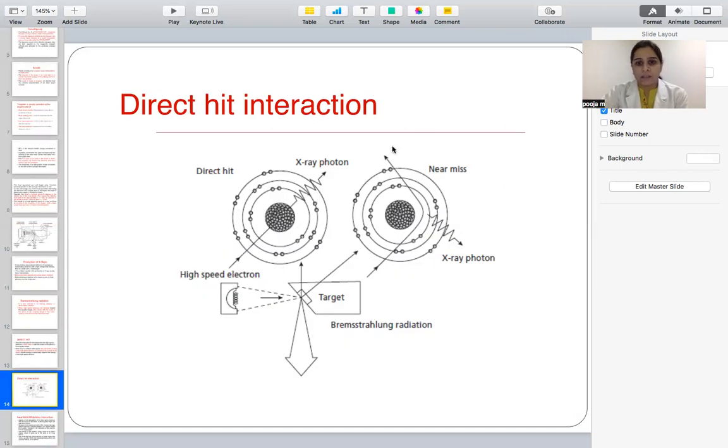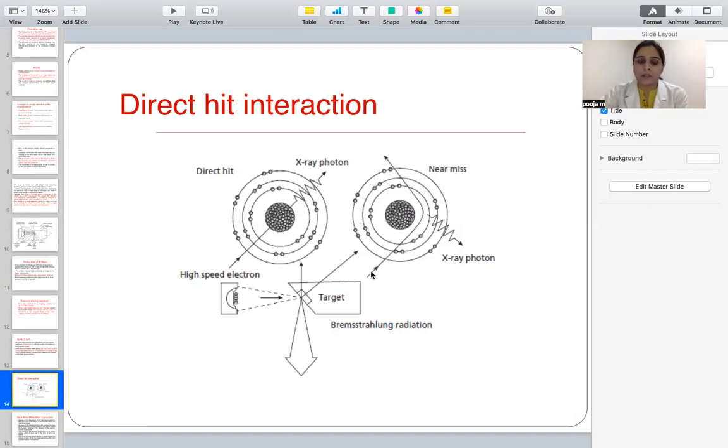You can see in this picture, when the electrons are produced, they are attracted towards the nuclei of the tungsten atom. The moment they go near the nuclei of the tungsten atom, they tend to deflect from their original path. This deflection of the electron results in the production of an X-ray photon, which is shown in this picture. That is your near miss.